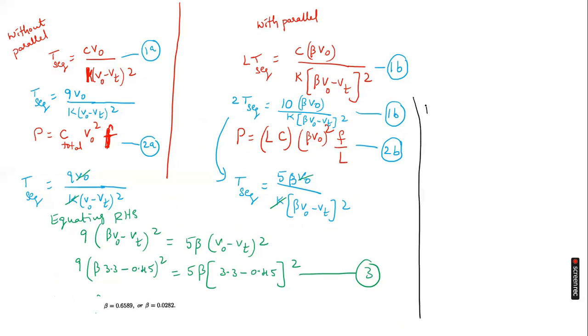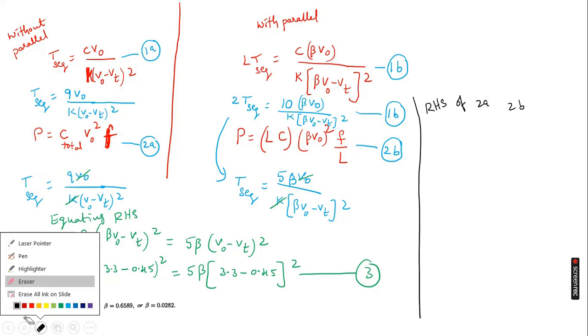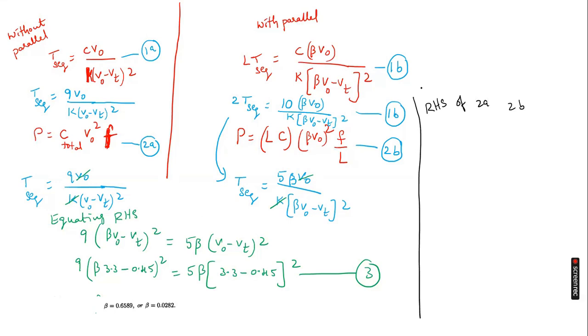Now compare the RHS of 2a and 2b. In 2a it is C total V naught square F, and in 2b it is C into beta square V naught square F. This is without parallel processing power consumption, and this is with parallel processing power consumption.